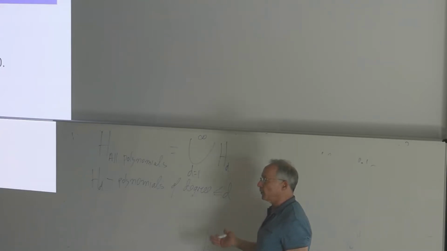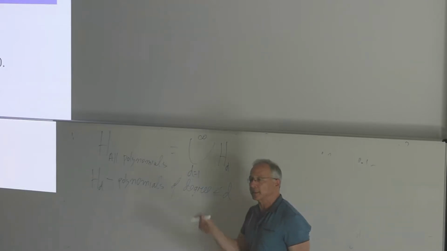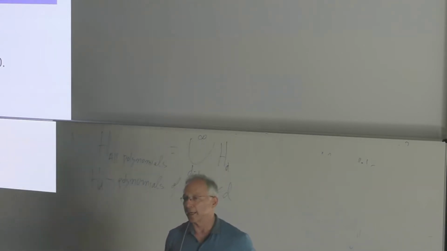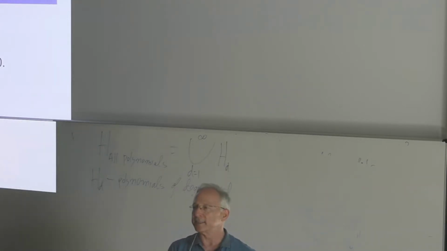So I can take the class of all polynomials and represent it as a union of classes, each of finite VC dimension. Therefore, by the previous theorem, the class of all polynomials is non-uniformly learnable. So I can compete with any polynomial prediction. But if you tell me the degree of the polynomial, I'll tell you how many examples I need to pick.